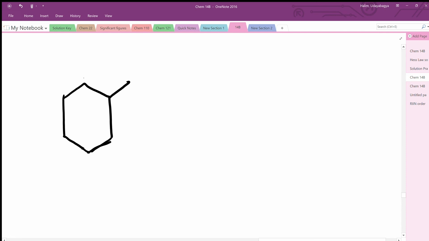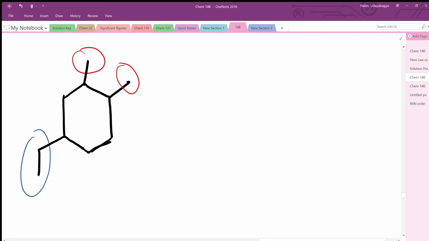So give it the smallest number possible. In this case, if there's a cyclic, you want to give the last name as a cyclic molecule. In the cyclic one, it's easier to see the functional group.